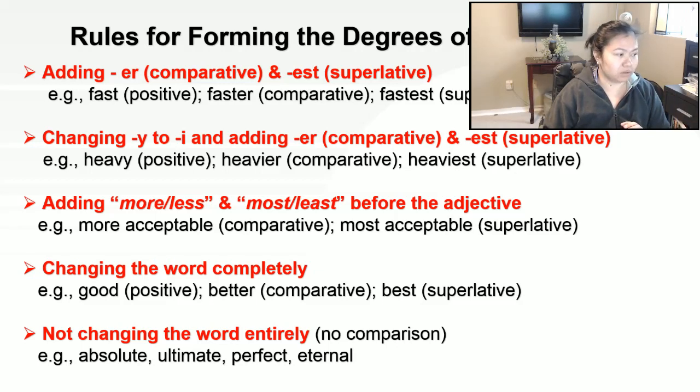For example, good. What is the comparative form of good? You cannot say more good, but the correct way to say it is better. And then the superlative form of good is best. In the same way that you say bad, worse, worst. You don't say more bad, but you would simply say worse. And then the superlative form of bad is worst.